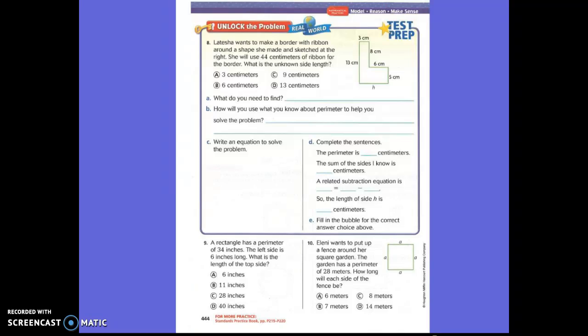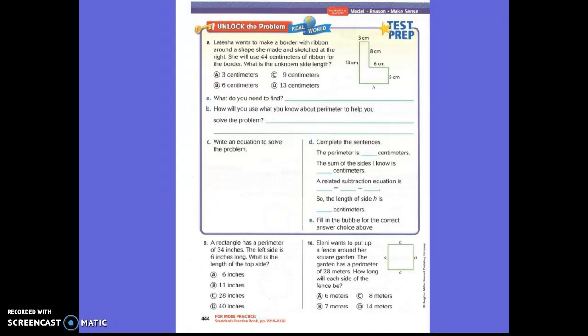Okay. She will use 24 centimeters of ribbon for a border. What is the length of the side with the leaf? You guys should already know what to do. So, how will you use perimeter to help you solve the problem?